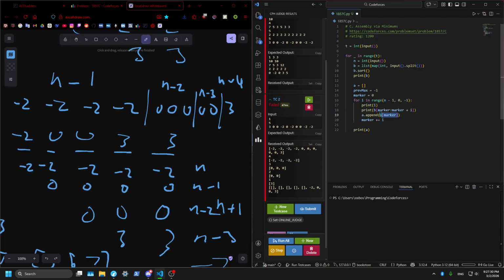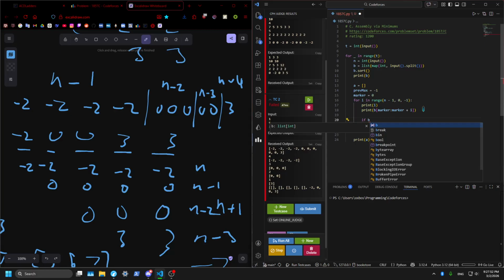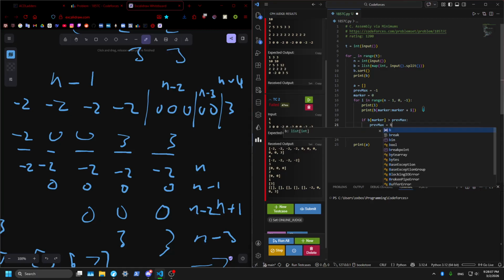A dot append prev max. If B marker is greater than prev max, prev max equals B marker. Does this actually work? Why do I feel like it doesn't work?